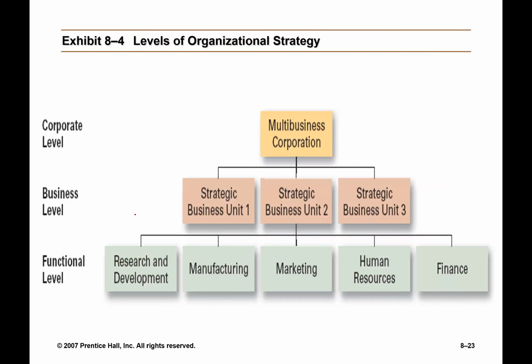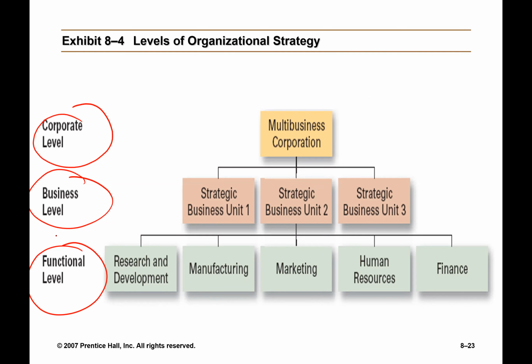Before we go into that, the levels of organizational strategy. As I already mentioned, there are corporate level strategy, business level, and functional level. Some organizations have multiple subsidiaries or many companies within the group.